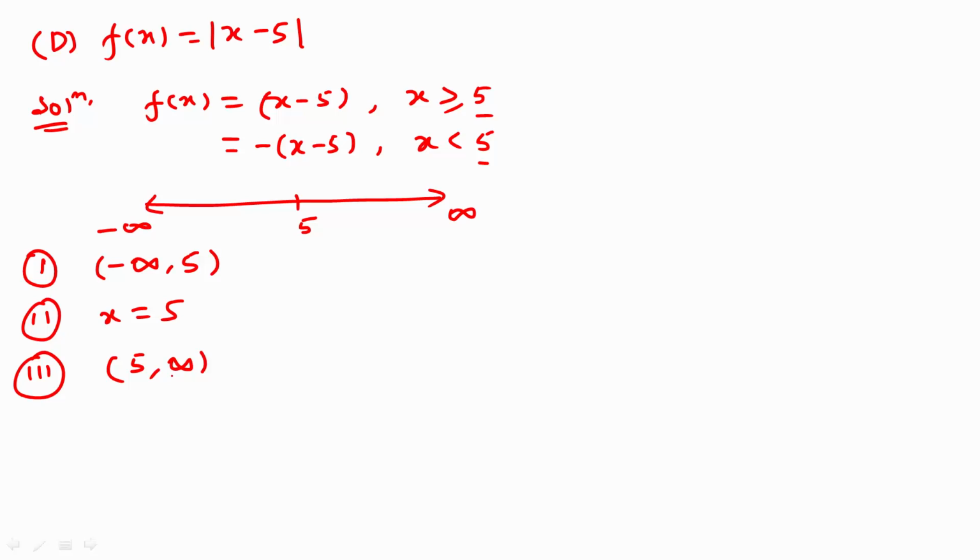So first check whether the function is continuous at x is equal to 5. Case number first: as the function is continuous at x is equal to 5.